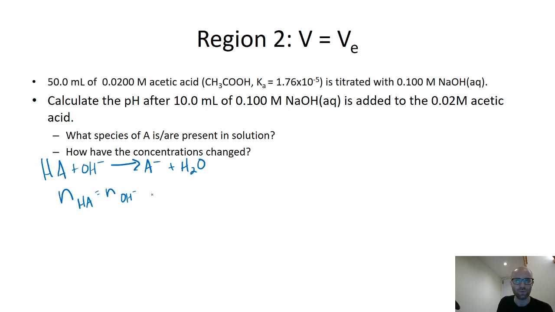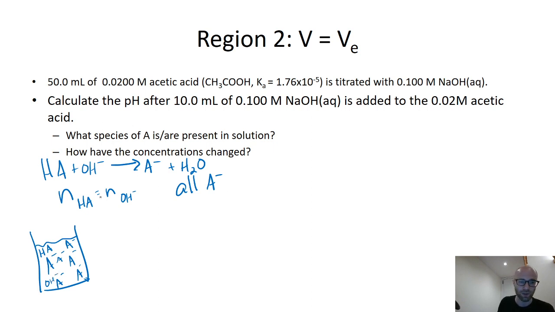So there is no excess, there is no limiting. It's a 100% A minus solution. But when you have a solution of A minus, you have to remember that A minus is in fact a weak base. And so there's going to be a small amount of HA created and a small amount of hydroxide.